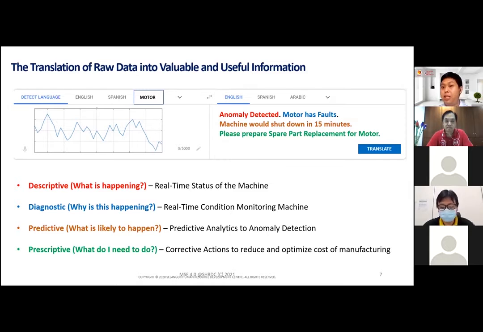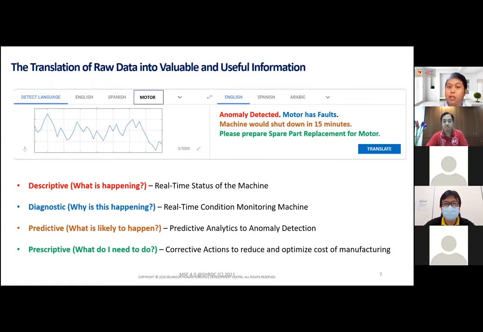So the machine, when it is running, it is also providing you information on what is actually happening. So imagine if you collect raw data from the machine and you are able to translate what the machine is trying to tell you. For example, in this sense, you're taking data from the motor, right? So the motor is then trying to tell you that something is happening, right? Anomaly is detected, right? That is descriptive analytics. So then diagnostic will be, why is it happening?